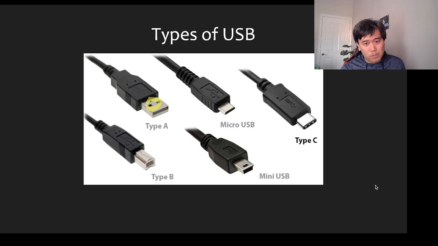Different types of USB: there's Type A, Type B, and now the latest one is Type C. There is a micro USB and a mini USB in between. Also, most likely you have some of these multi-use USB device converters.